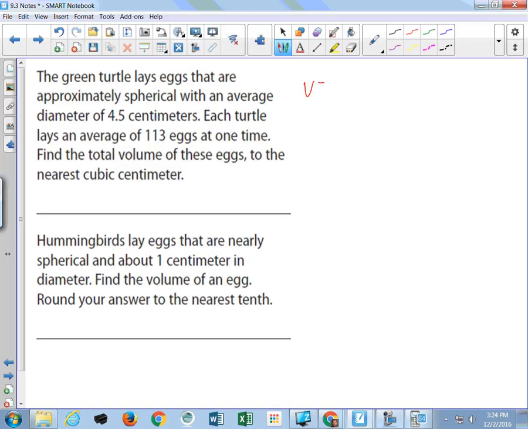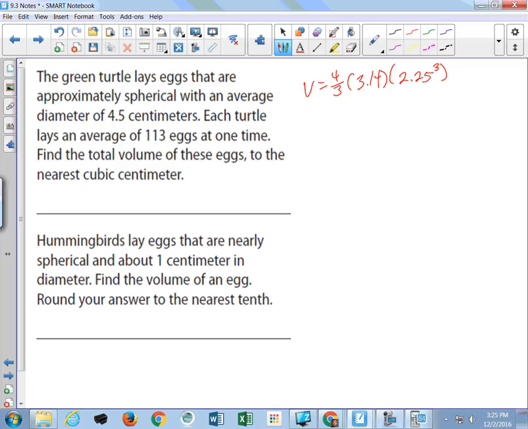First, we're going to find the volume of the egg using the formula 4/3 times 3.14 times the radius cubed. It says diameter is 4.5. 4.5 divided by 2 is 2.25. So that is 2.25 cubed.